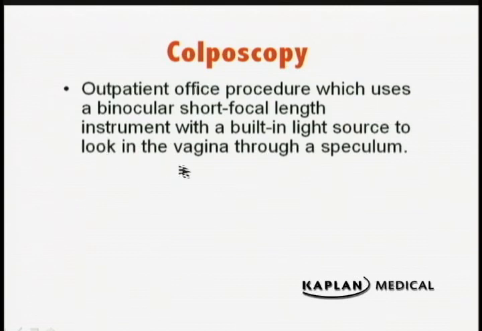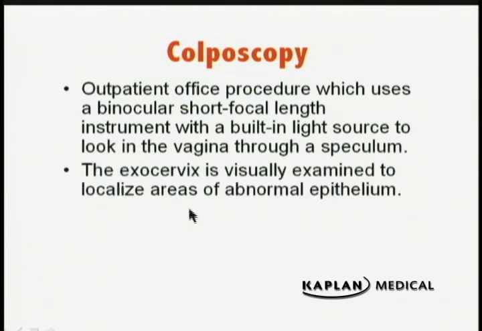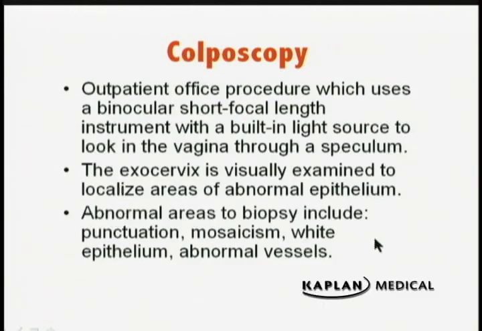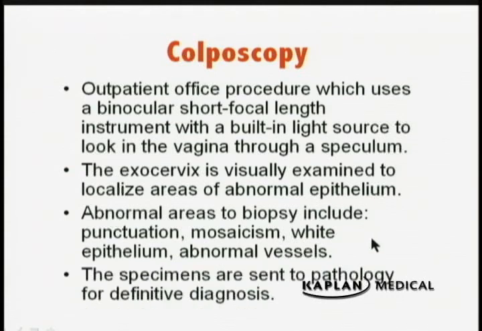It has a built-in light source which sends the light through the speculum, through the vagina, and we can look at the cervix. The exocervix is visually examined to localize areas of abnormal epithelium. Those abnormal areas include punctation, mosaicism, white epithelium, abnormal vessels. We'll talk about that later on. And those will be then biopsied and sent to the pathologist for a histological assessment rather than a cytological.